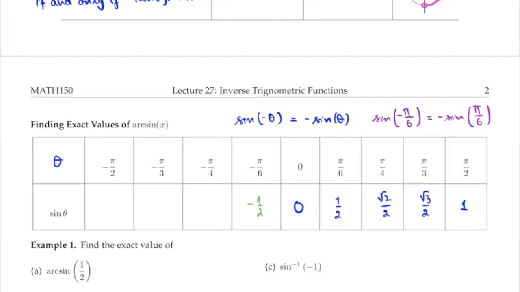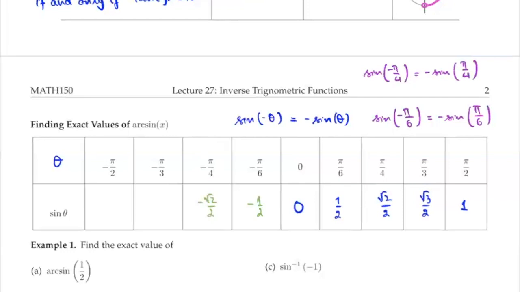Now, similarly, sine of negative pi over 4 should give you negative root 2 over 2. Again, the idea is that sine of negative pi over 4 should be equal to negative of sine of pi over 4, due to the fact that the sine function is an odd function. So sine of pi over 4 is equal to root 2 over 2, therefore sine of negative pi over 4 is equal to negative root 2 over 2.